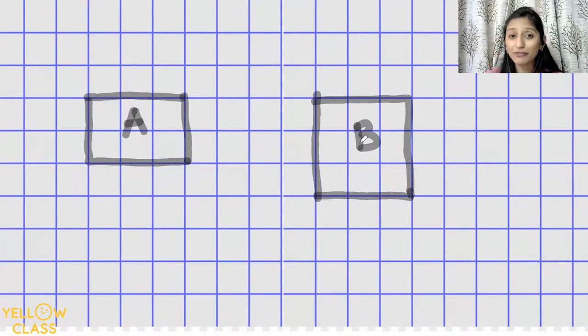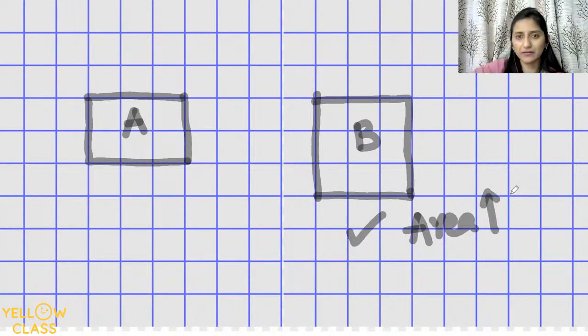Very good. And how you find it out? Just by seeing the number of squares inside it, isn't it? Yes. So this area, it has more area. Very good. Okay. Now, tell me their perimeter.